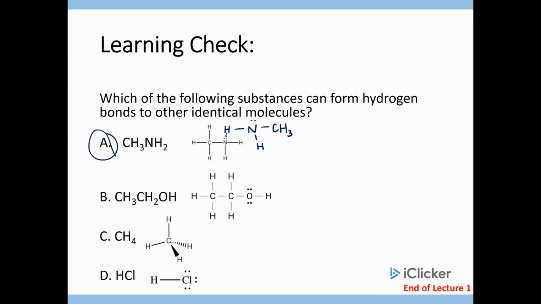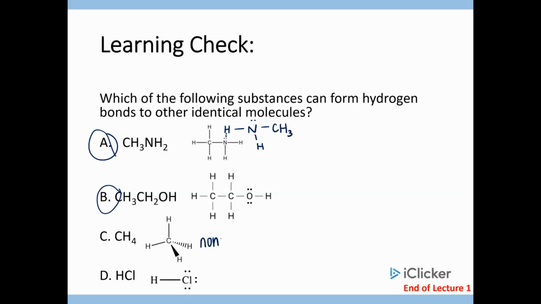So this one does have hydrogen bonding. Again, in B, we have hydrogens bonded to carbon, which cannot participate in hydrogen bonding, but we also have this OH part of the molecule that can. So B, hydrogen bonding.